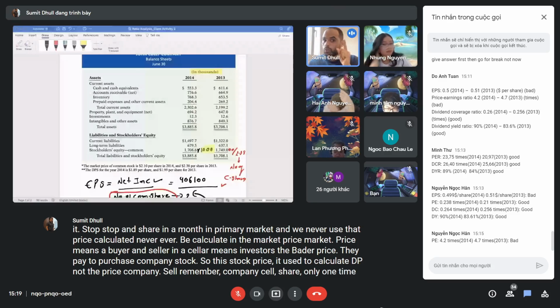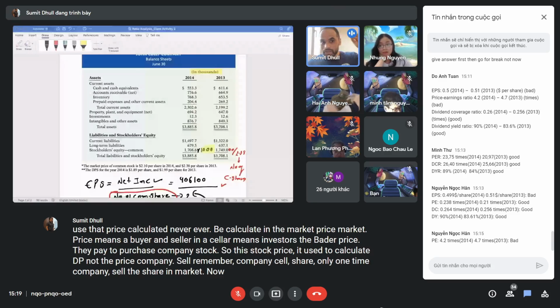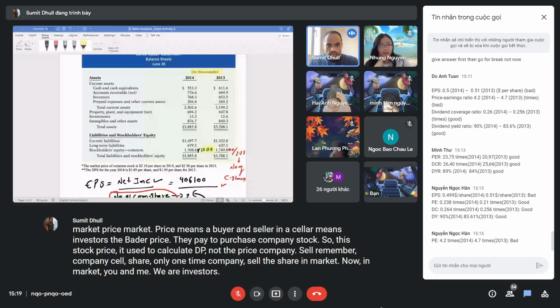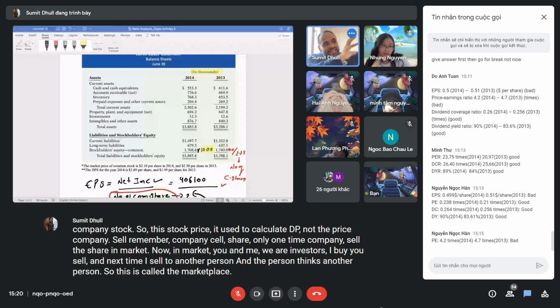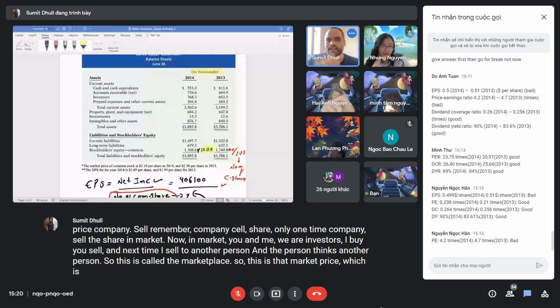The company sells the shares in the market. Now, in the market, you and me, we are investors. I buy, you sell. And next time I sell to another person, and that person will sell to another person. So this is called the market price, which is from the secondary market.